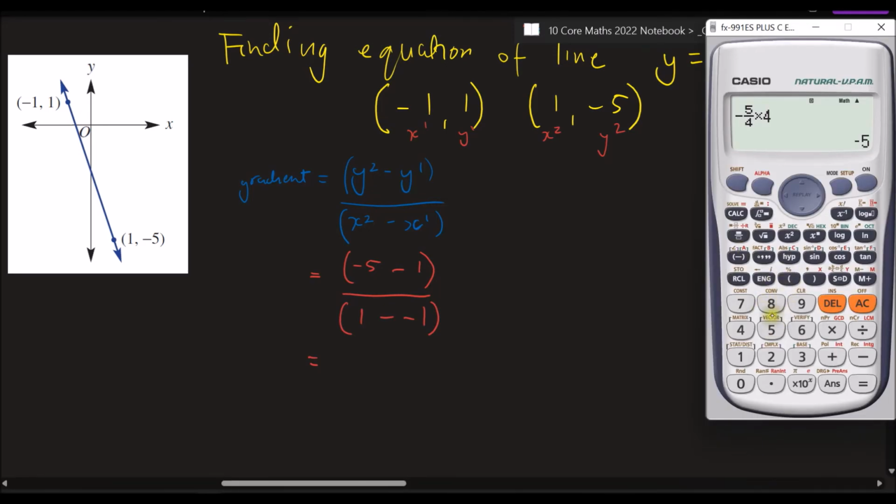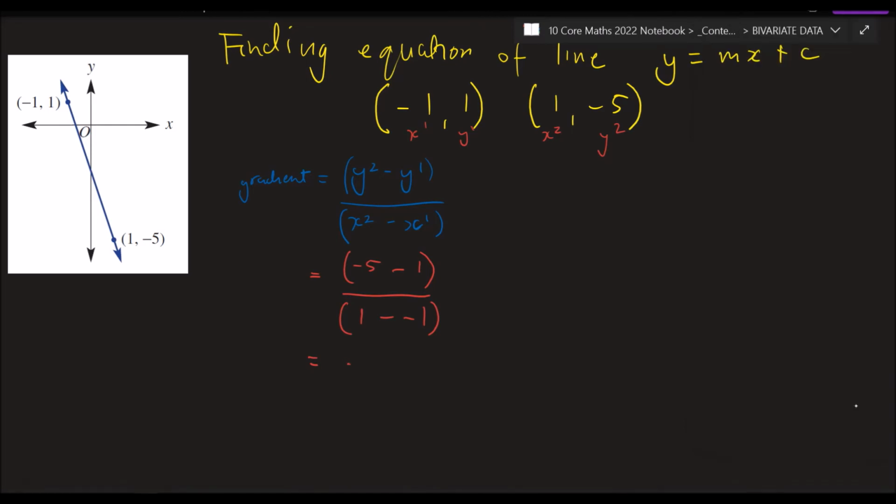You don't have to do this, but if you really are not confident about your fractions and whatnot, by all means, put it in your calculator so you can get it right. Okay, -3. So -3 is the gradient.